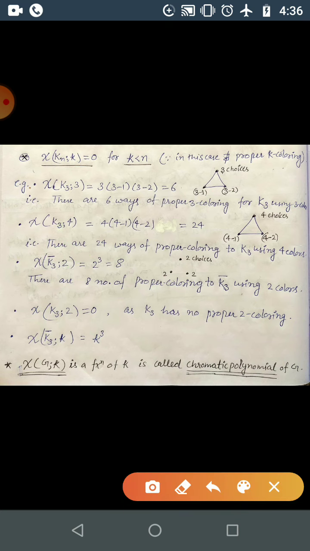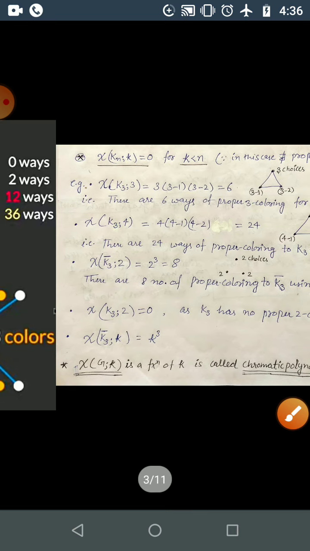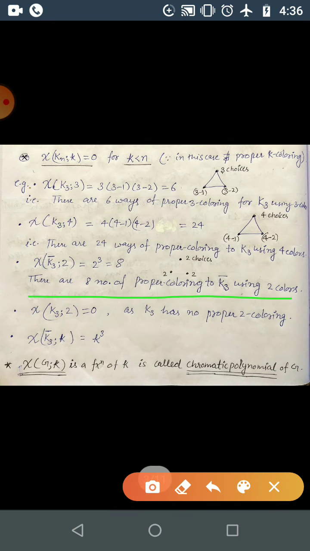So here I have just 2 choices, 2 choices, 2 choices, as explained. Now there are 8 proper colorings for K3 complement using 2 colors. What about the complete graph of order 3, K3, using 2 colors?